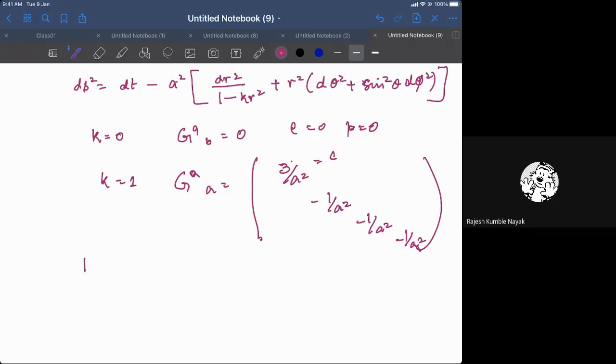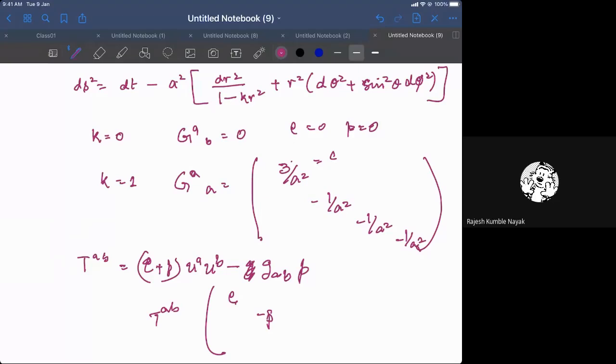The perfect fluid T_AB can be written as (rho plus P) U_A U_B minus G_AB times P. So this basically means that T_AB would be rho, minus P and minus P. I think there is no minus here, so this should be plus.